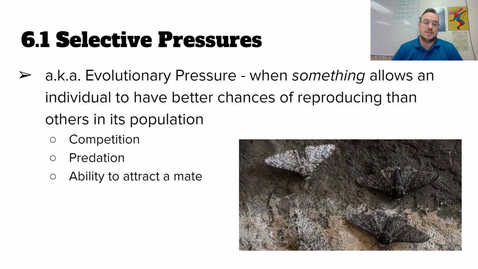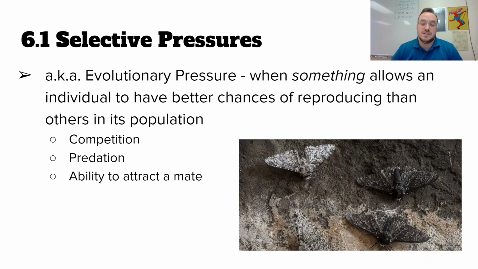Right? Another one that is common is their ability to attract a mate. Many species have evolved over time the ability to attract mates and attract mates well. So the females generally are going to look for something in the male of the species that makes them want to mate with them. It's going to change based on species, and it's going to change even based on different populations sometimes, right?